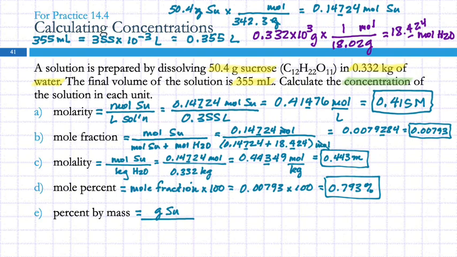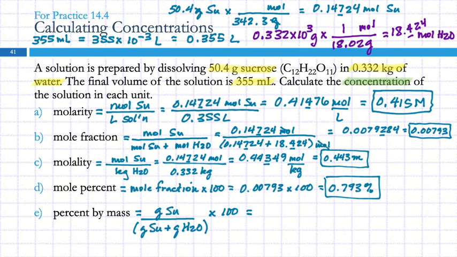Now, a lot of times in these problems, they don't give you the mass of the solution, but they did give us the mass of water and the mass of sucrose, and the mass of the solution must be the sum of those. And it's percent, so we multiply by 100.